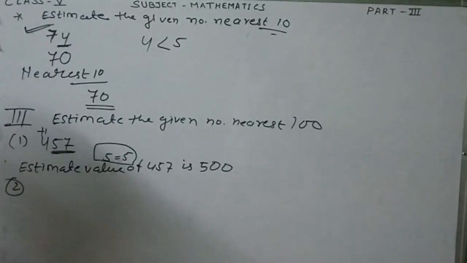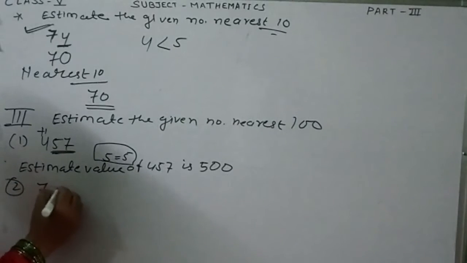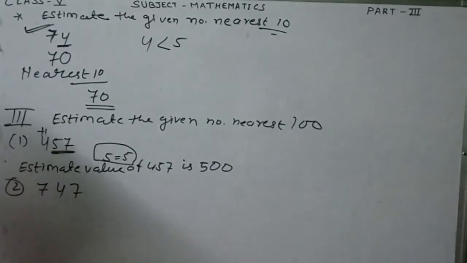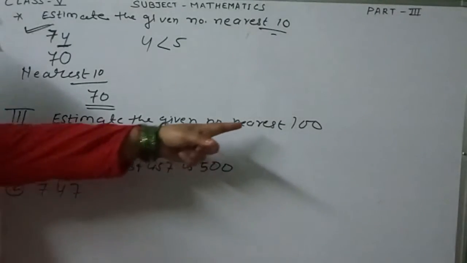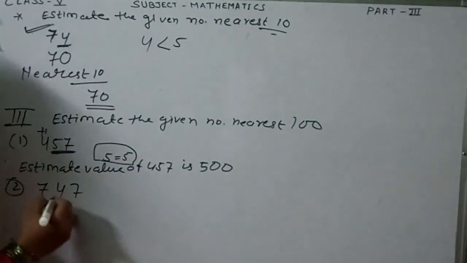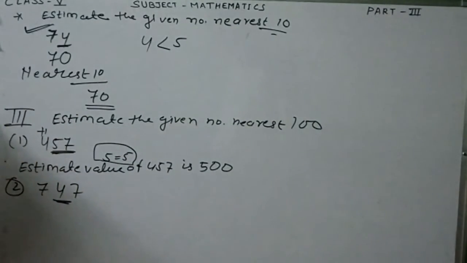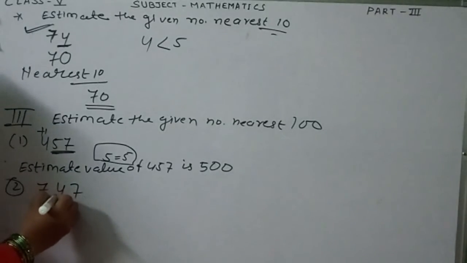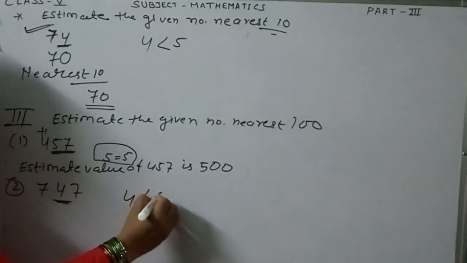Again, see the next example, 747. As I told you, in the case of nearest 100, you have to check the tens digit and compare it with 5. Here the tens digit is 4, and 4 is less than 5.